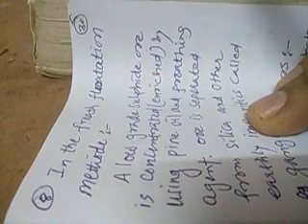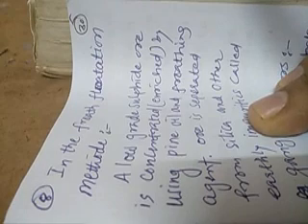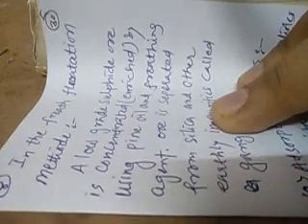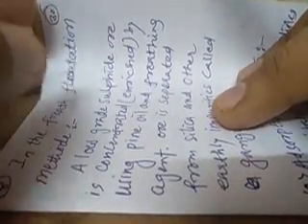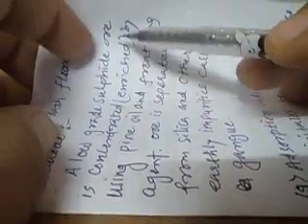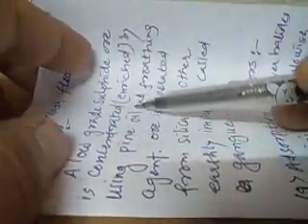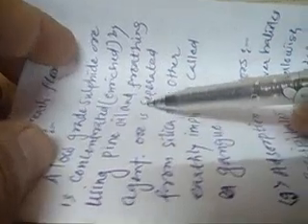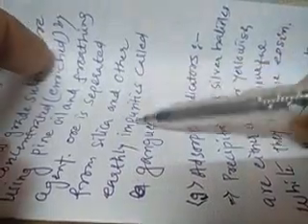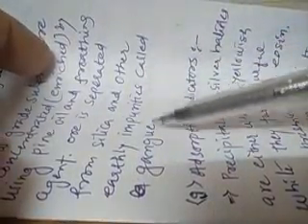The froth flotation method is the method for concentration of ore or enrichment of ore in the metallurgical steps. So let us see it. A low grade sulfide ore is concentrated or enriched by using pine oil and a frothing agent. Ore is separated from silica and other earthly impurities called gangue.